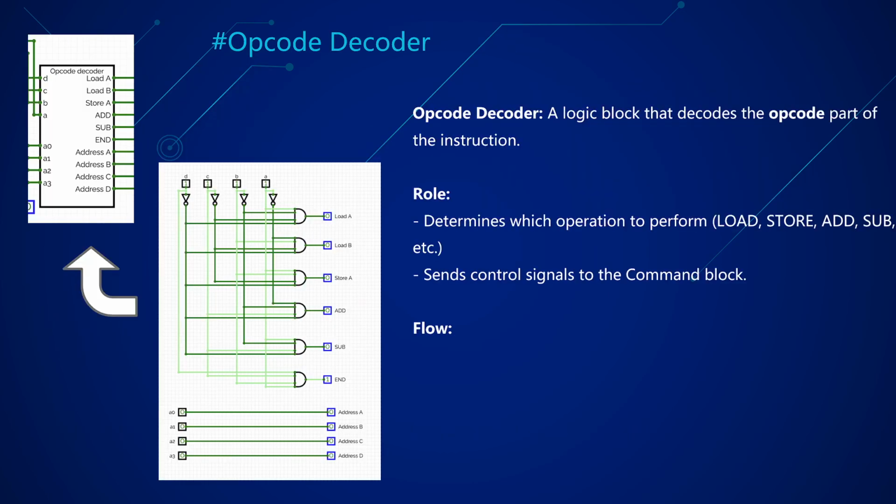The opcode decoder is a logic block that decodes the opcode part of the instructions. It determines which operation to perform, such as load and store, and sends control signals to the command block. We have 4 inputs: A, B, C, and D, A being the least significant bit and D being the most significant bit.